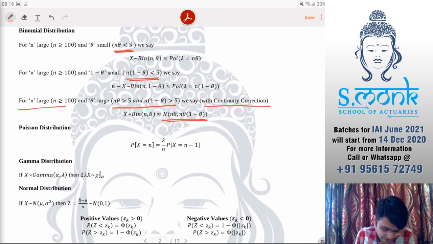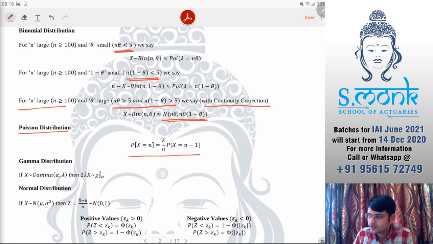Then if you want to find probabilities for Poisson distribution, this is a very important relationship you should take into account. The probability of the next value is nothing but lambda by n times the previous value.